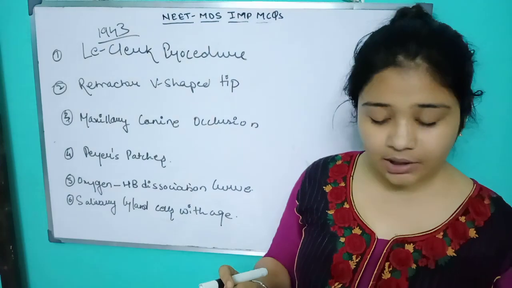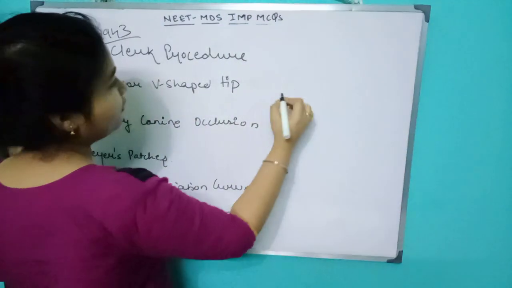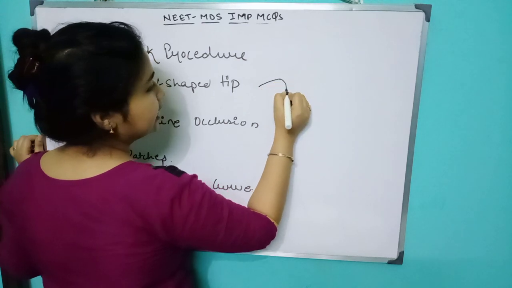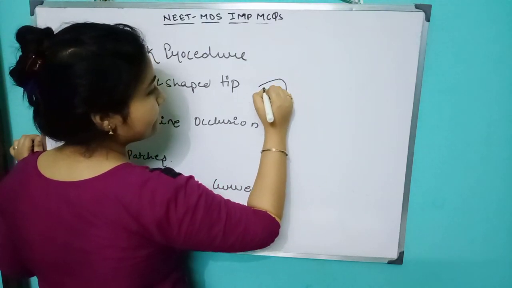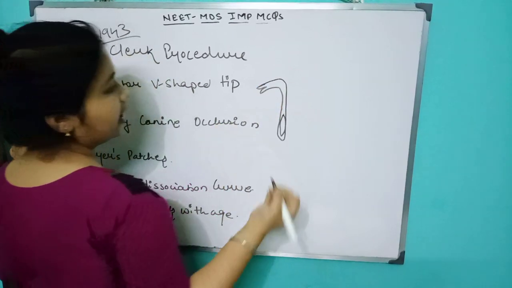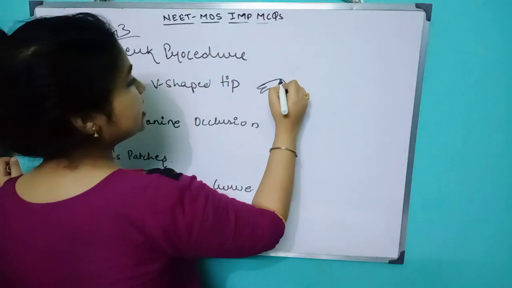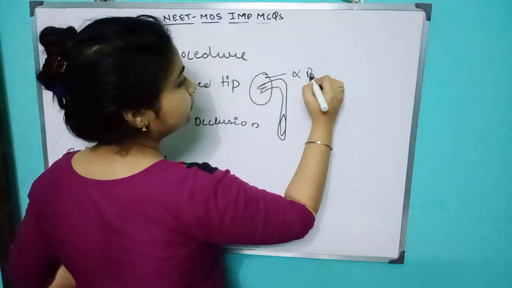The next point is the retractor with a V-shaped tip. I will make a diagram of how it looks. It looks like this. You have a bifurcation like this. How is it helpful? It does not have a blade.